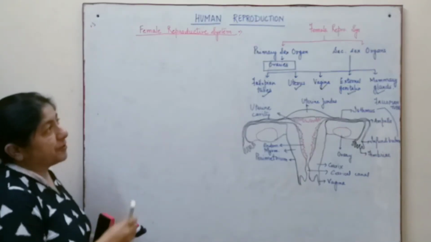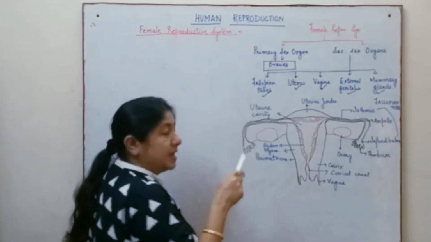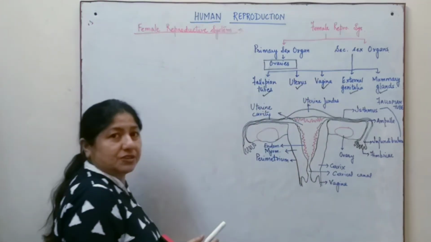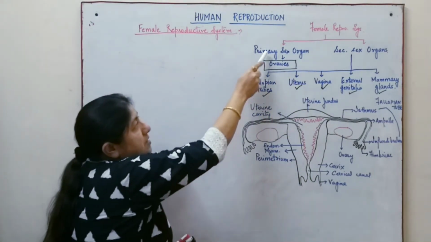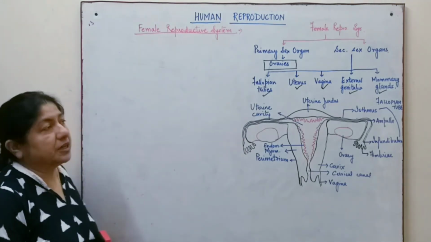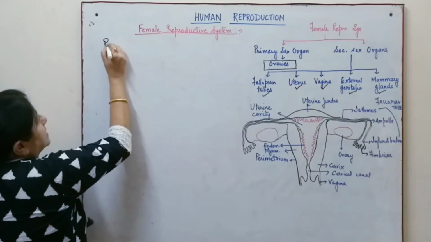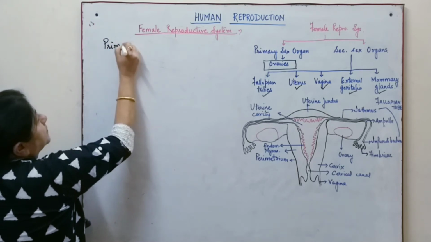So the female reproductive system, like the male reproductive system, is classified into primary and secondary sex organs. Today we'll be talking about the primary sex organ, that is the ovaries.